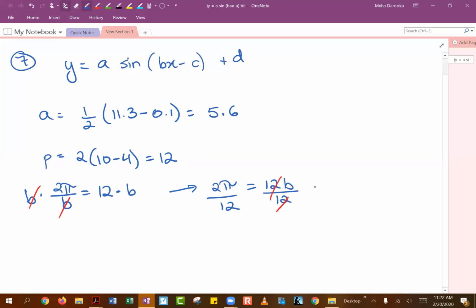And what does that B value come out to be? Pi over 6, or approximately in decimal, and we'll use the same rounding as the example. So that'll be 0.524.